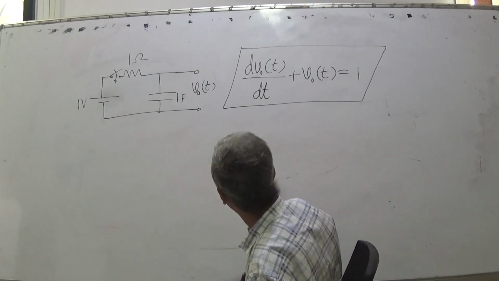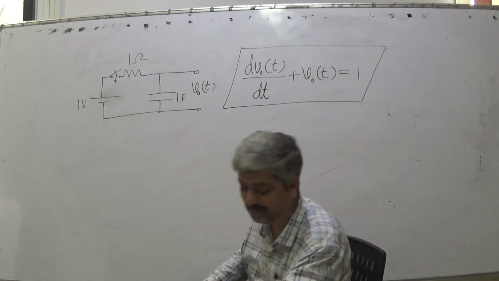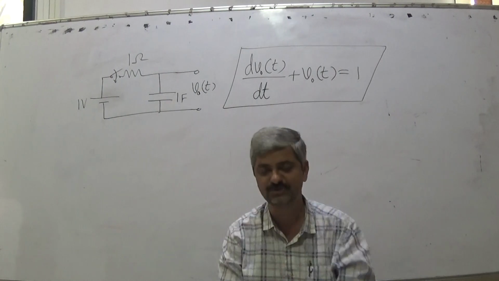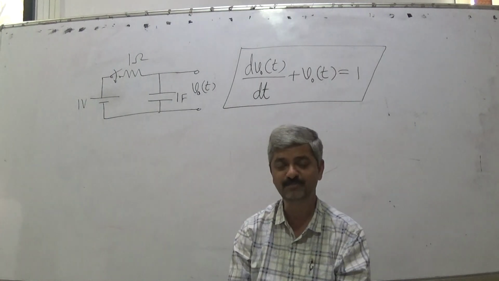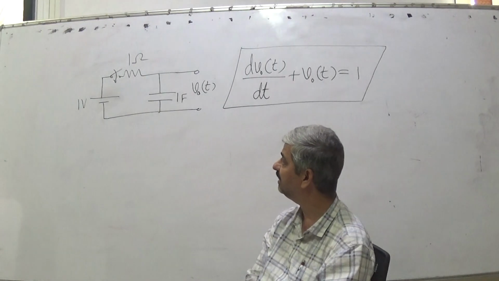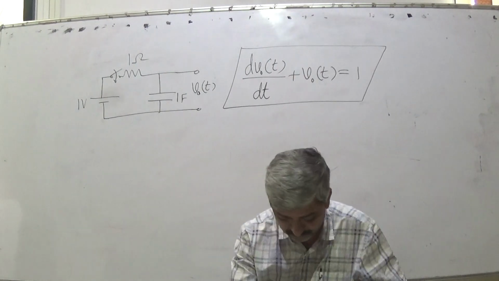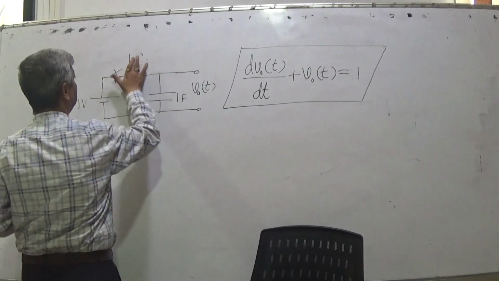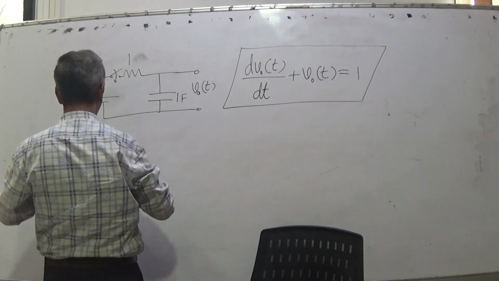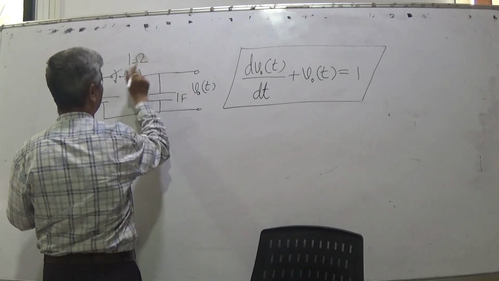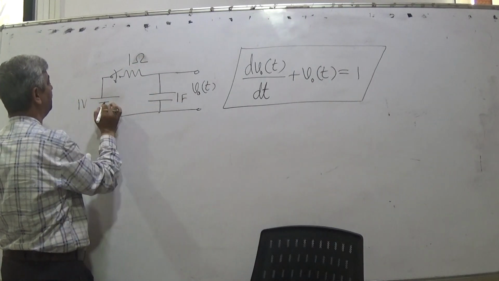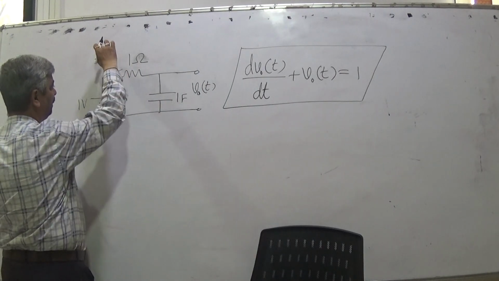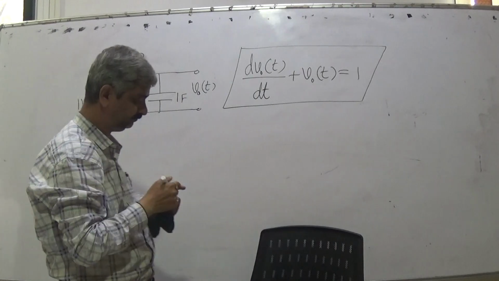Now, I will give you a simple scenario where you can think consciously. Suppose I have a circuit consisting of a 1 ohm resistance and a 1 farad capacitor, and to that I connect a 1 volt voltage source and close the switch at t equal to 0.